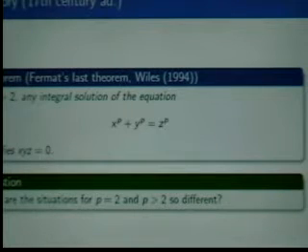You can find an easy explanation for why there are so many solutions for p equals 2.